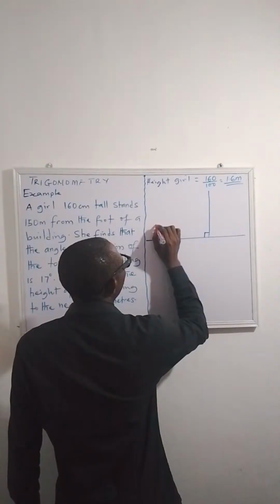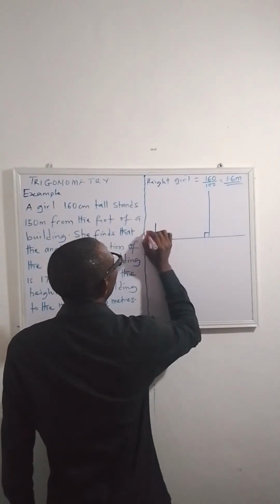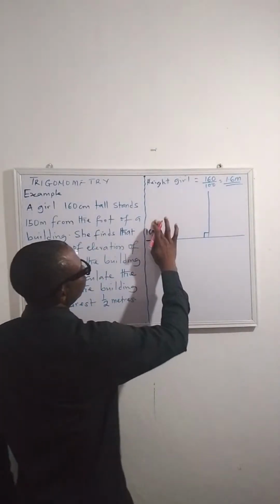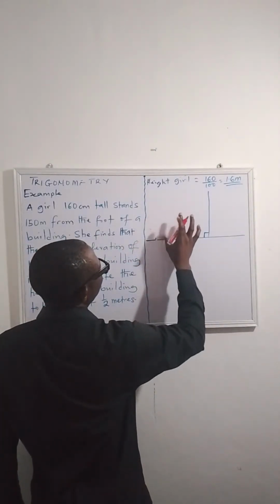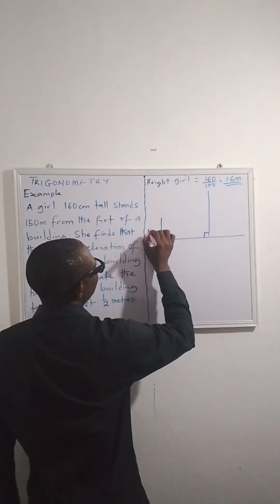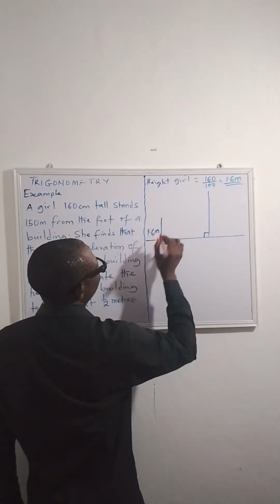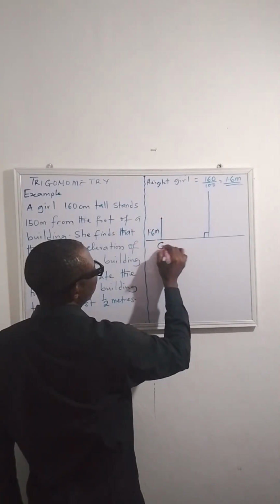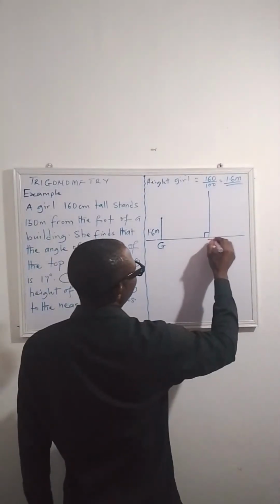We have the girl here, 1.6 meter. Now let's represent this with G, and this F.